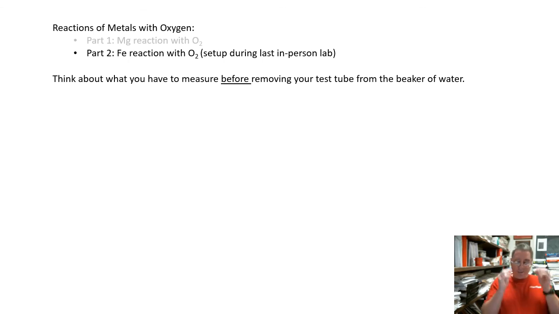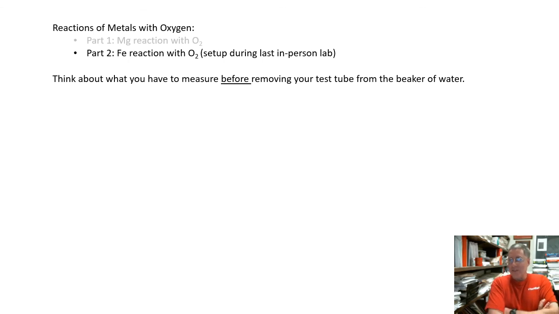And so last time you were in for the in-person lab, you wet the inside of a test tube, put some iron powder in there, shook it around, dumped it out, and then there's still some iron powder coating that test tube. And then you just plopped it upside down into a beaker of water. And when you come and look at it during the next in-person lab, you're going to see something interesting that happened.